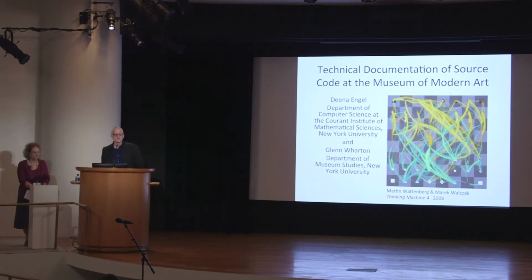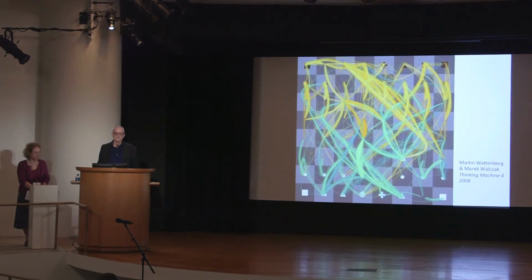And it was Deena that suggested documenting the source code. So she will tell you about the work that we did with her students, her computer science undergraduate students at NYU, on 3 different artworks.